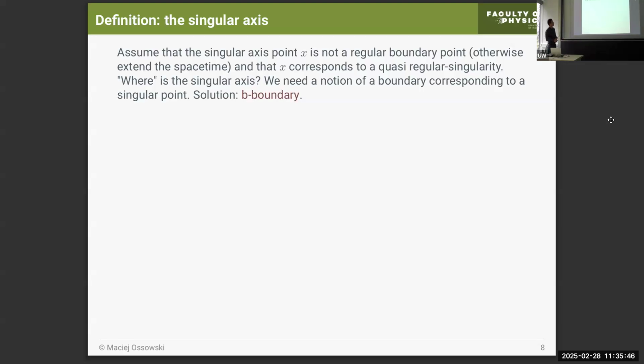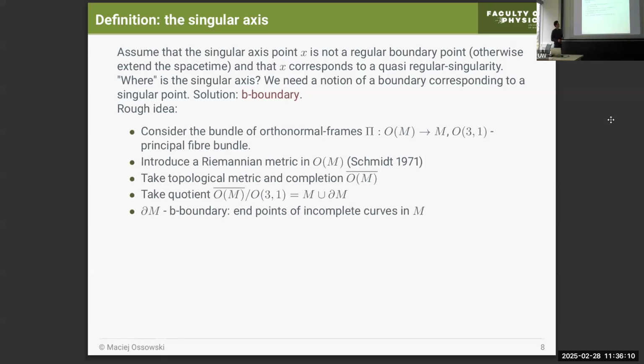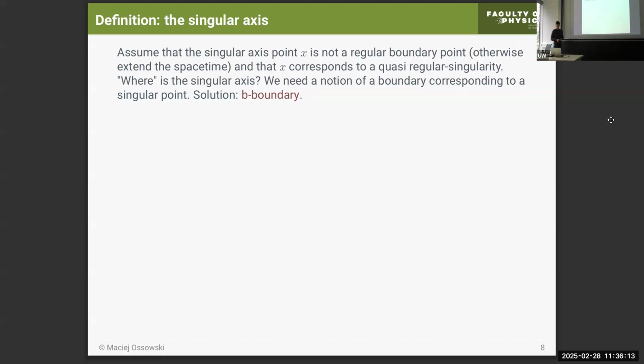So the question arises, where exactly are those singular axis points? We need some kind of notion which would correspond to some kind of boundary of the space-time, which would correspond to singular points. And the solution that we have chosen is the so-called b-boundary. What I mean by that is that there's this long-standing notion in general relativity that singularities correspond to endpoints of curves which cannot be continued, cannot be extended.